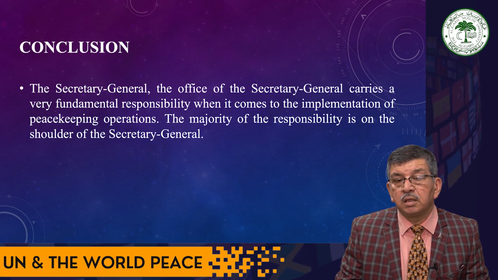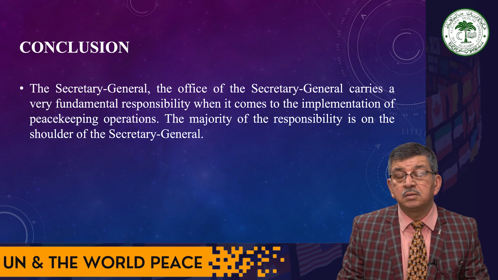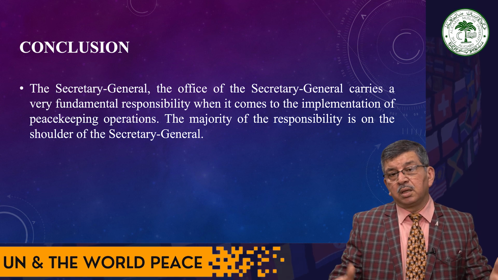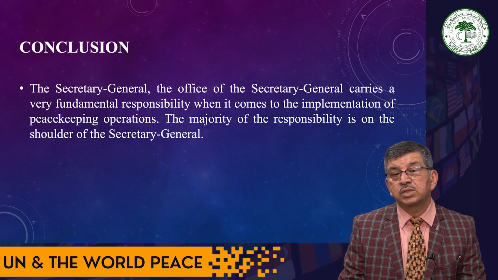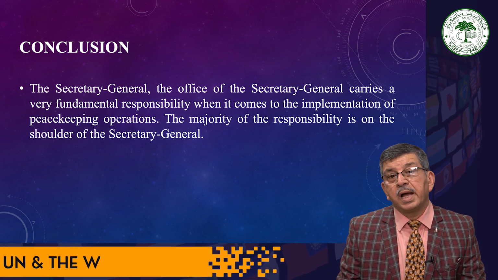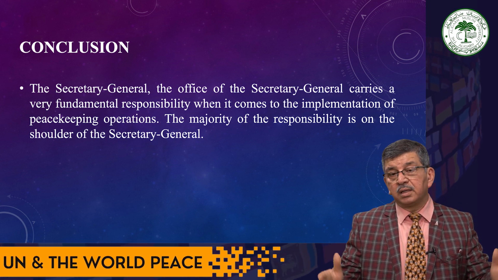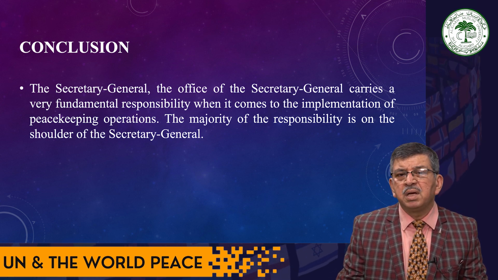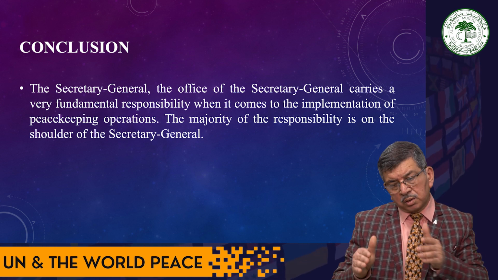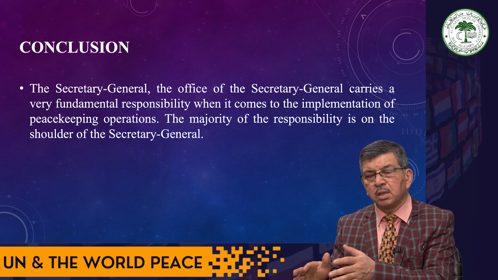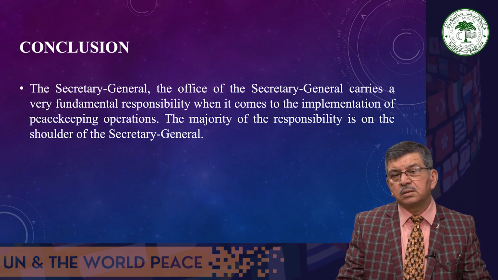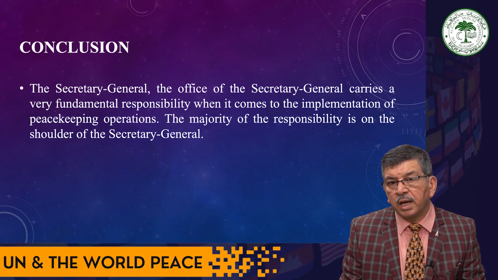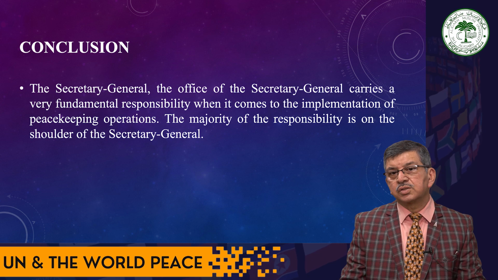They preferred to intervene with his office, his person, to negotiate and to decide in addressing situations where it was believed that the United Nations Security Council may not get itself involved. The Secretary General under Article 99 has this authority, this responsibility, that he or she can get things done.